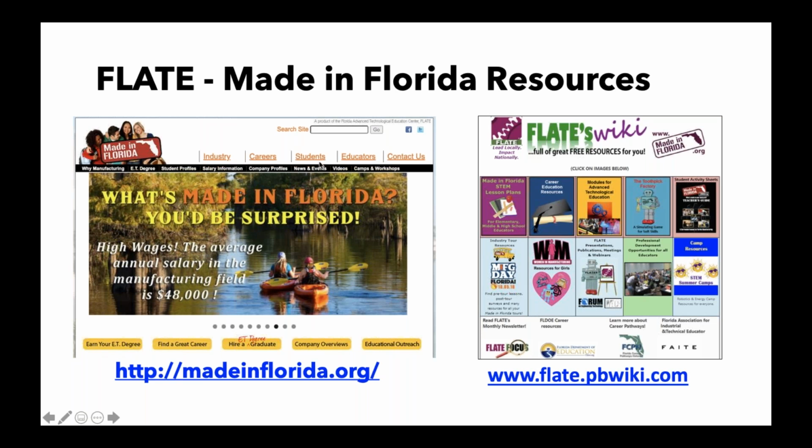We have educators, students, career paths, industry, and at the bottom, resources for engineering technology. But all these are resources to recruit STEM students, and for all of you that are focused on STEM or manufacturing careers. On the right side, we have the FLATE PV Wiki with way more resources for you.